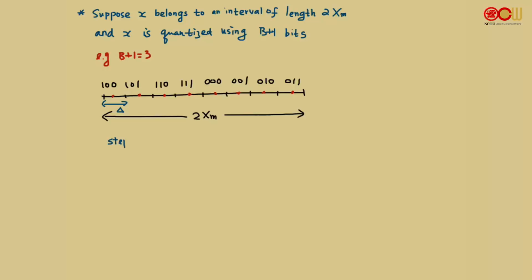Step size delta will be the range 2xm divided by the number of cells, which is 2 to the b plus 1. So it's equal to xm over 2 to the b.